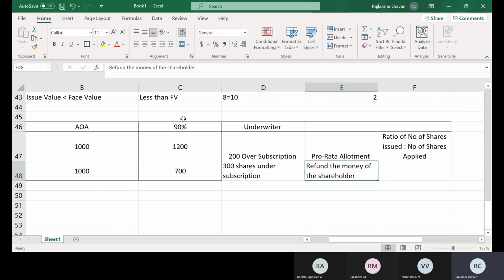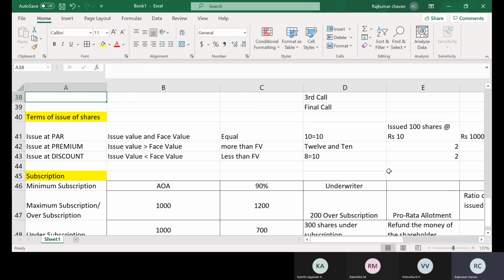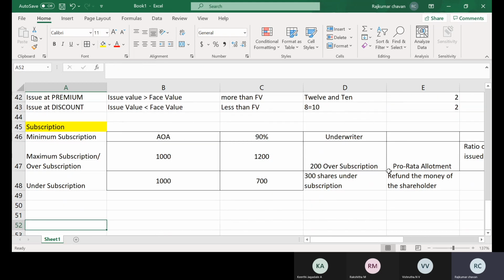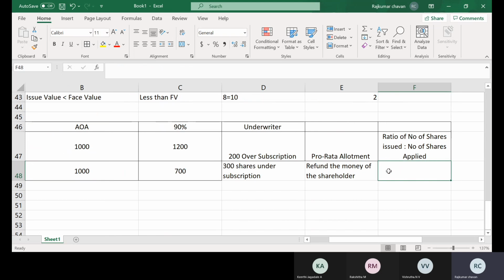What is the use of taking that money? That money has to be refunded, because, as I told you, what is the regulatory authority you need to follow? SEBI. SEBI says that you should get some amount of subscription from the market. So if you didn't get it, you have to refund the money to the shareholders.